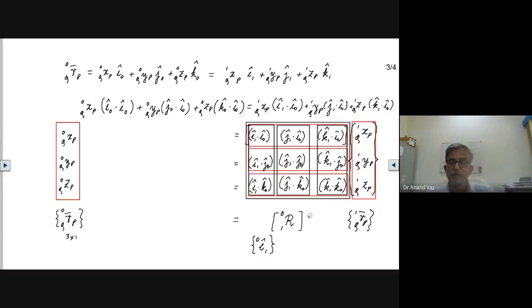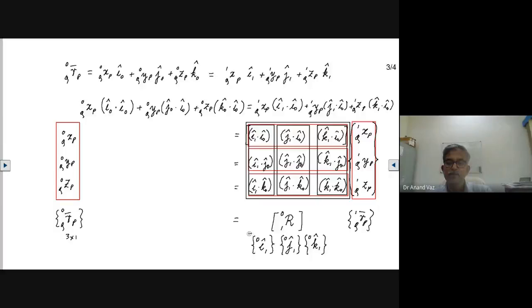So this becomes unit vector J1, represented in terms of the components of the frame 0. Okay. And here likewise you have the unit vector K1 represented in terms of components of frame 0 or resolved along the frame 0.